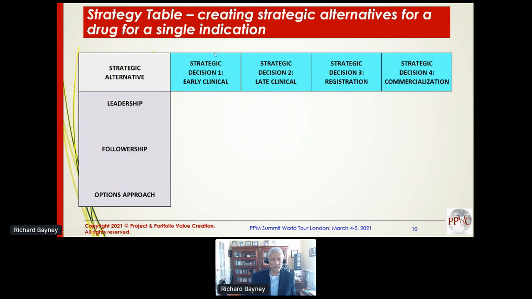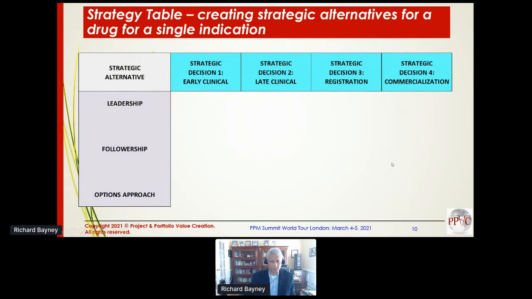Leftmost column, these are the 3 strategic alternatives that I've given names to. You can call them ABC, XYZ, 1, 2, 3, it doesn't matter. Some of us can also call some of these high risk, moderate risk, and low risk. So these are your strategic decisions, and these are your strategic alternatives.